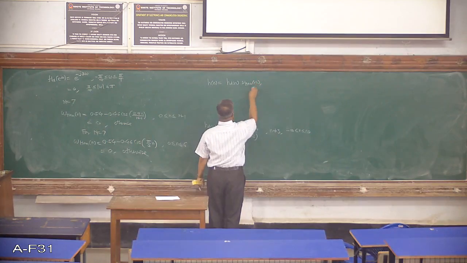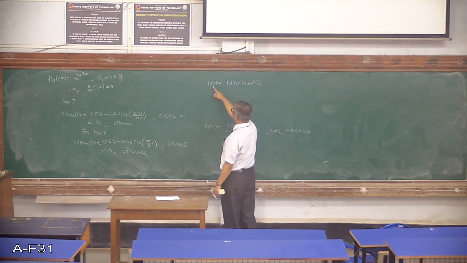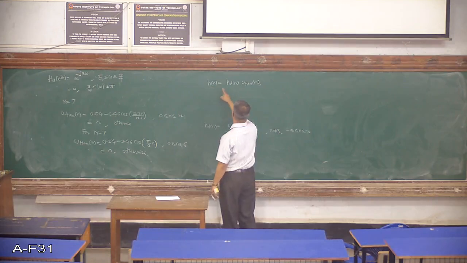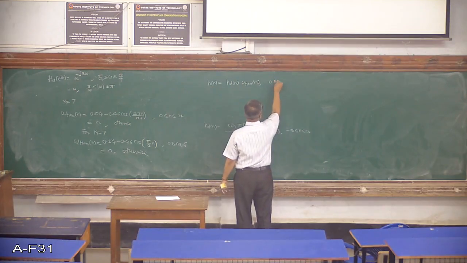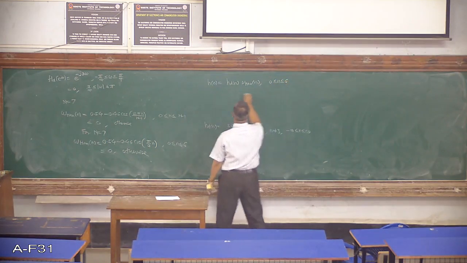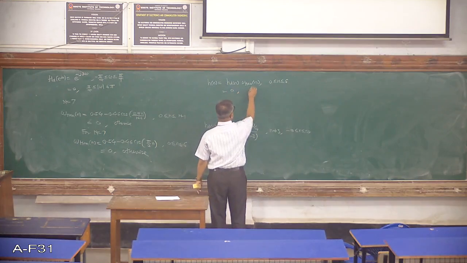So this is the impulse response of the FIR digital filter. This is for the interval 0 to 6, and it will be 0 otherwise.